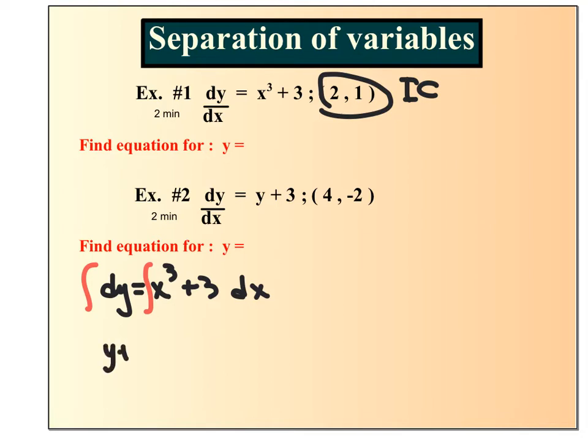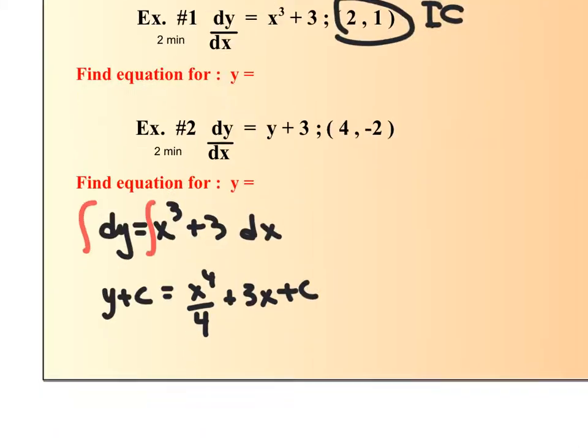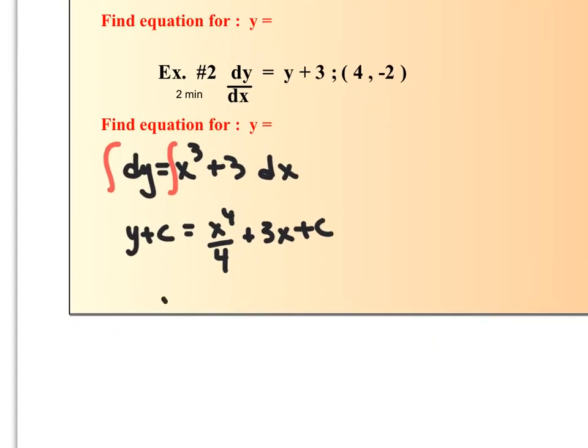We get y plus c equals x to the 4th over 4 plus 3x plus c. For the purposes of this, let's call these c1 and c2. I'm going to bring and subtract this one over, and what you'll see is that I just get some other arbitrary constant, so we're good.